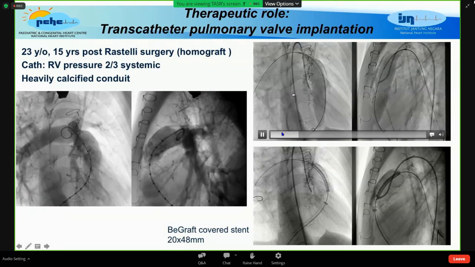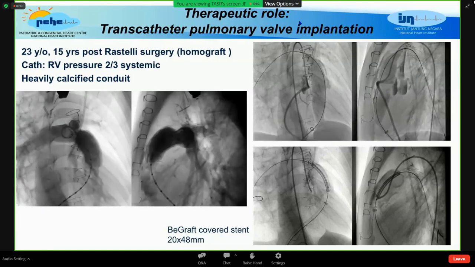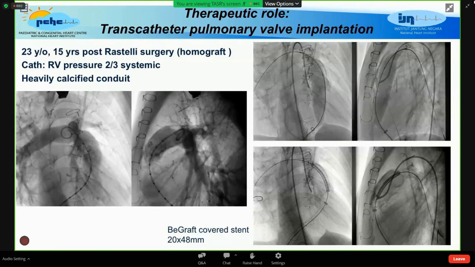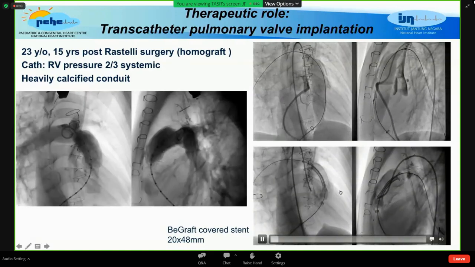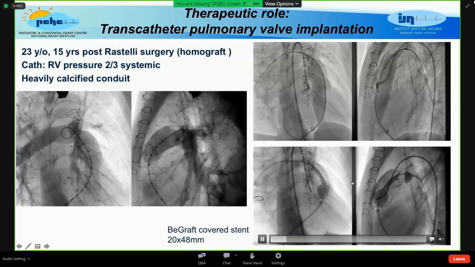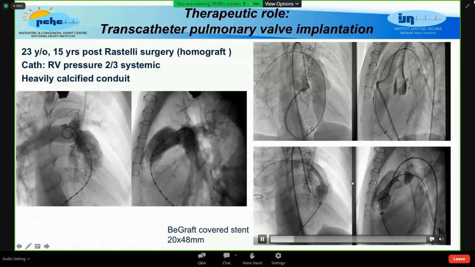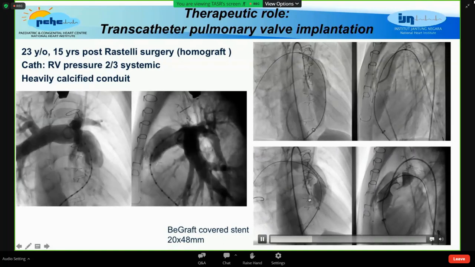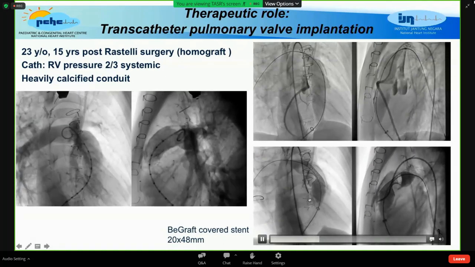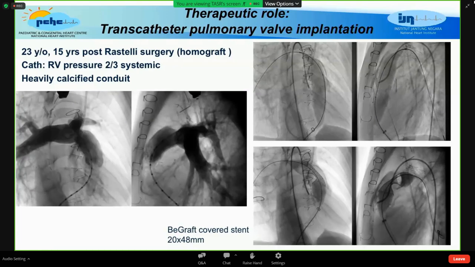This patient had coronary assessment, balloon dilatation of the conduit, and placement of a covered stent because of the heavily calcified conduit. This covered stent is about 20 to 48 millimeters in size.